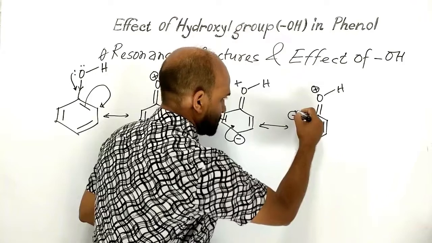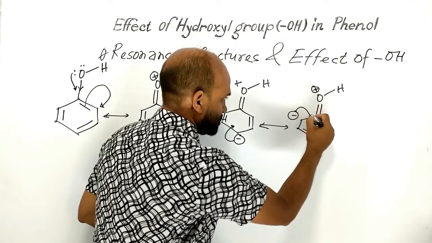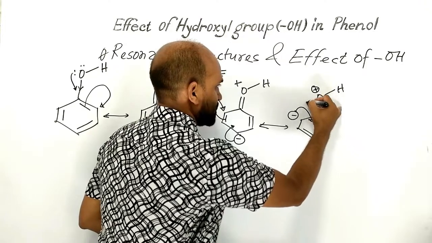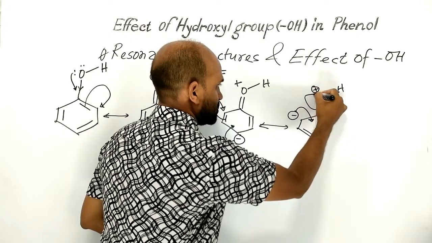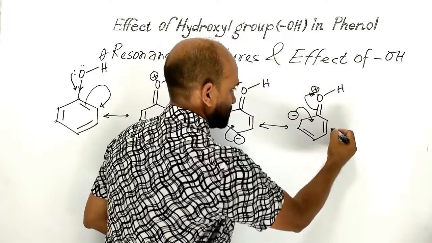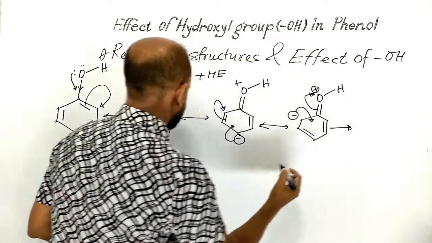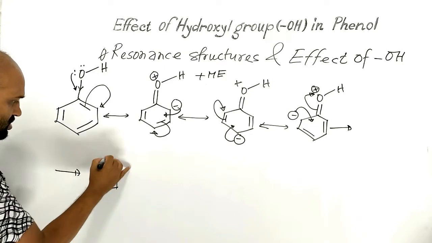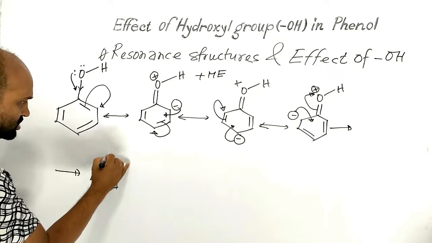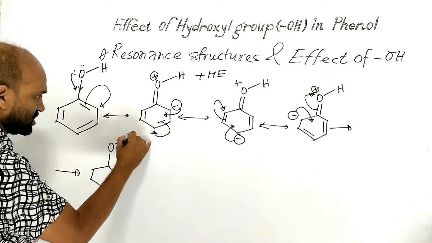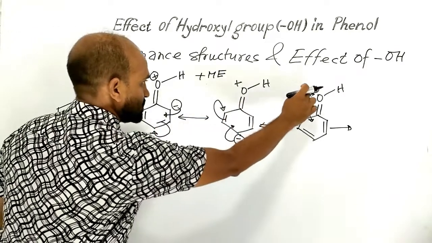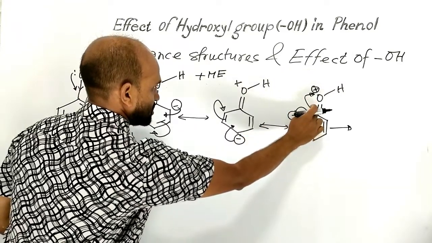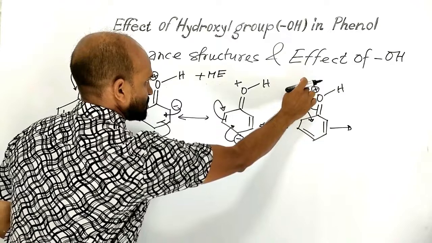Now this lone pair of electrons turn into bond pair, and again this bond pair of electrons turn into lone pair of electrons. So we can write here in this way: double bond becomes single bond, oxygen, hydrogen. This positive charge is vanished because bond pair electrons turn here.